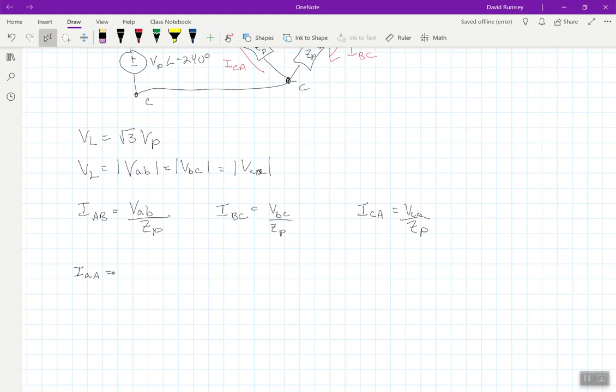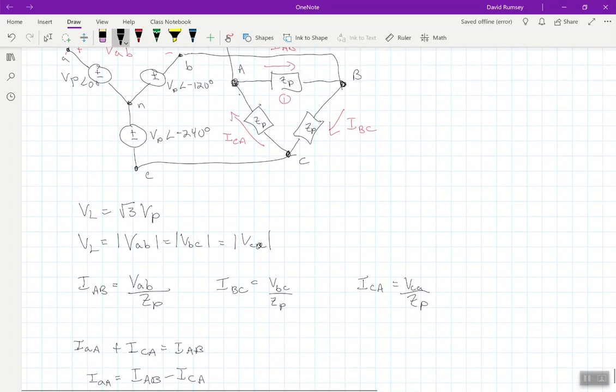So you'd have I little a big A plus ICA is equal to IAB. So I little a is equal to IAB minus ICA. And you can come up with the same thing for all of these as far as finding IBB and ICC. Same kind of idea. You just have to write different equations down.